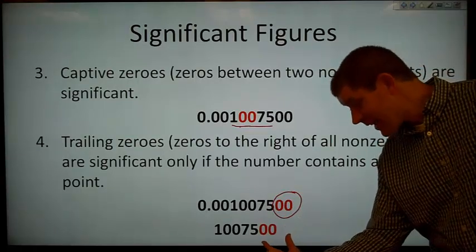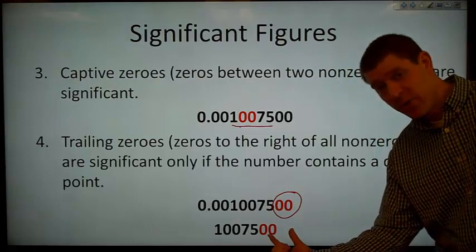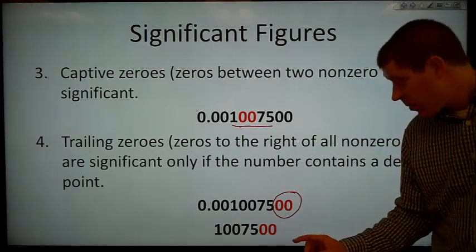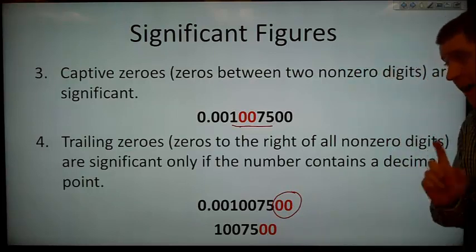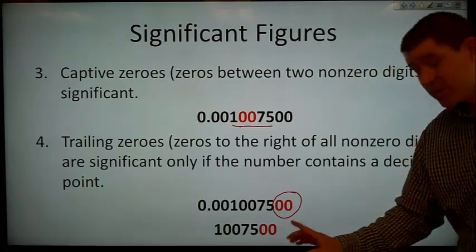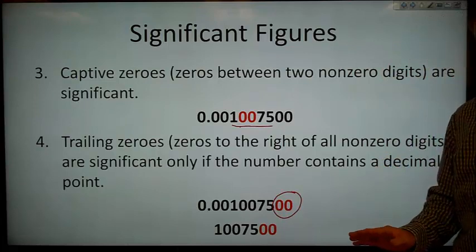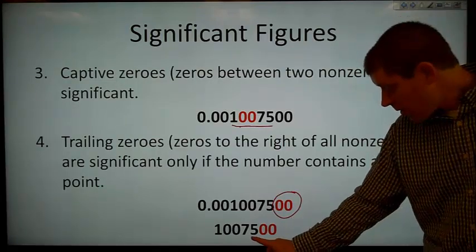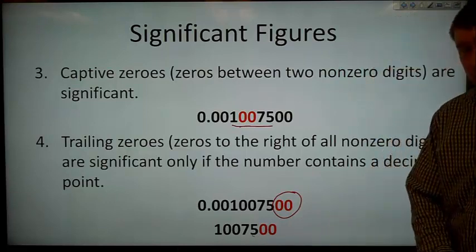But in this case, there is no decimal point. We haven't written one. So if there were a decimal point, it would be here. But because we haven't written a decimal point, these 2 zeros don't count. They are not significant. So what we're saying there is we're uncertain in the 5 place.